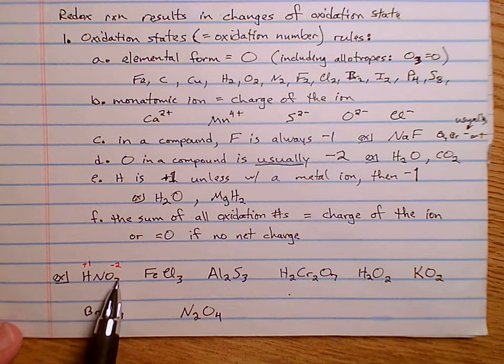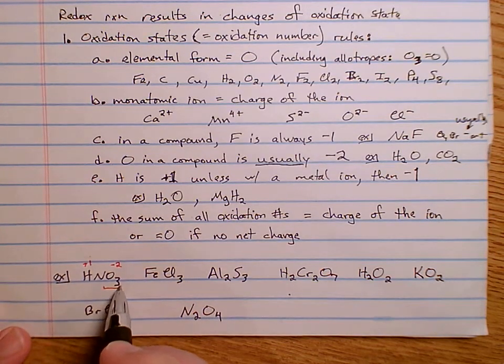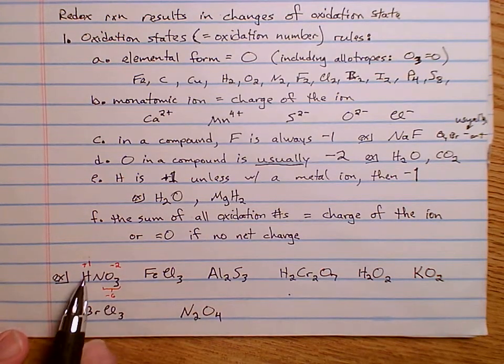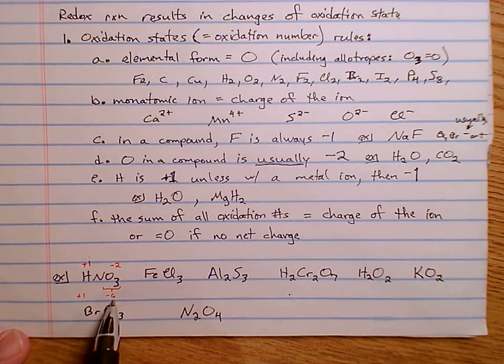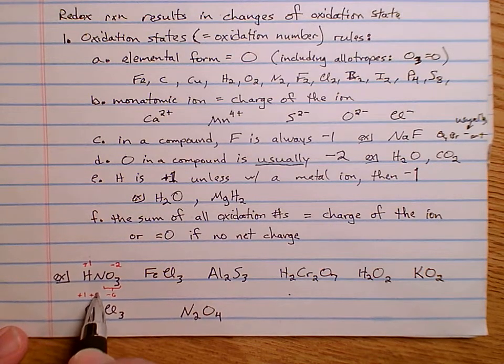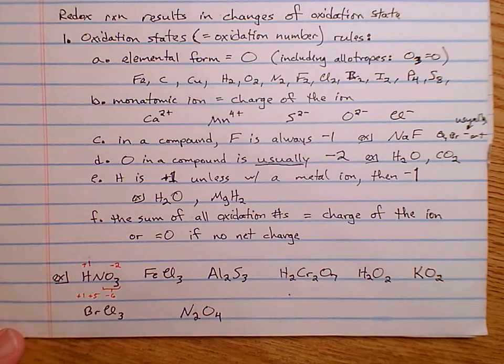Note, we have 3 oxygens with -2 oxidation states, so 3 at -2 gives us -6. Hydrogen is +1, so we've got that +1. Well, if we've got -6 and +1 here, but HNO3, nitric acid, is neutral, that means to overcome this -6 and this +1, we need an additional +5 to give us +6 to counteract that -6.